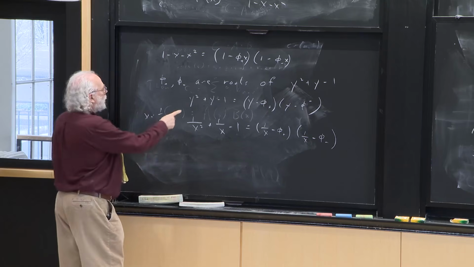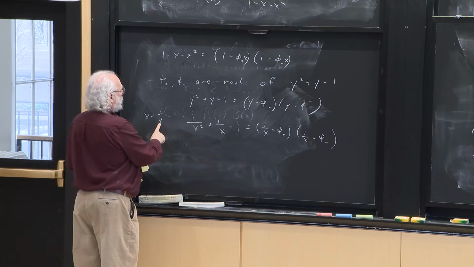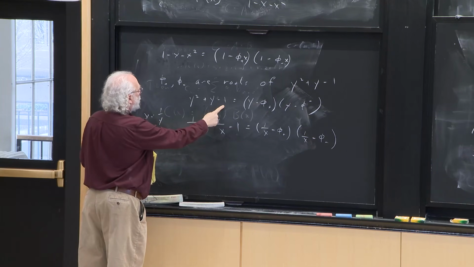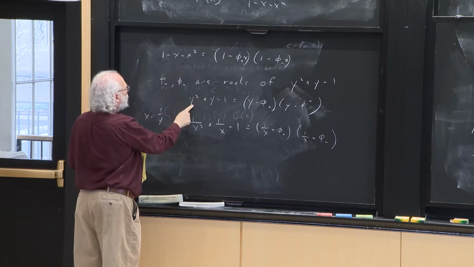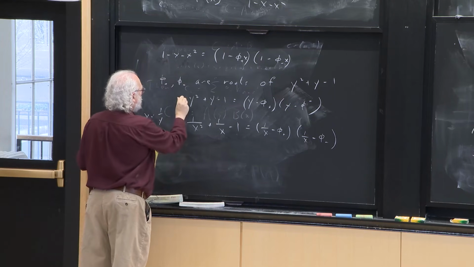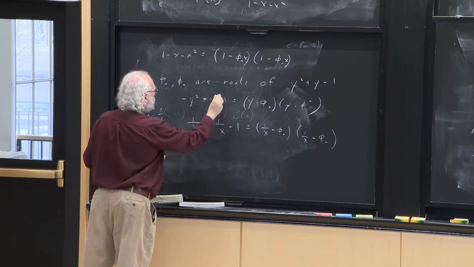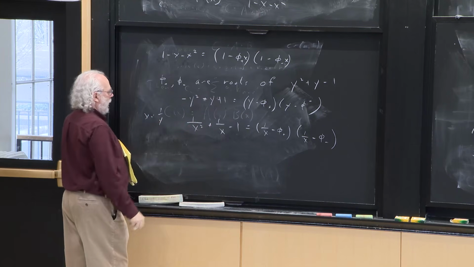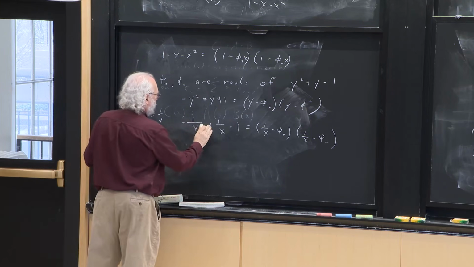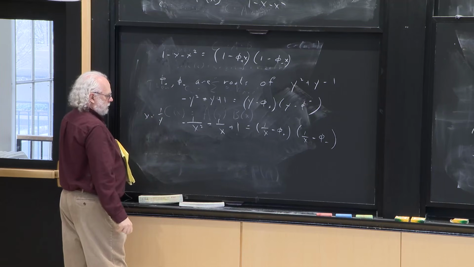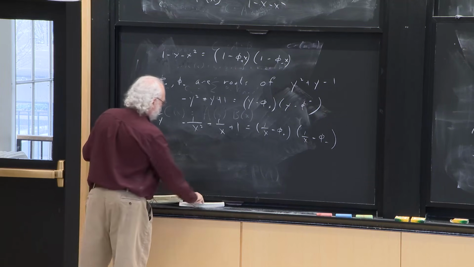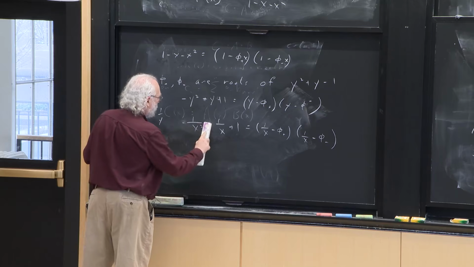If y is 1 over x, then this corresponds to the 1, this corresponds to y, this corresponds to y squared, but this really should be minus y. Minus y squared plus 1 equals that, and now we have... it doesn't work.